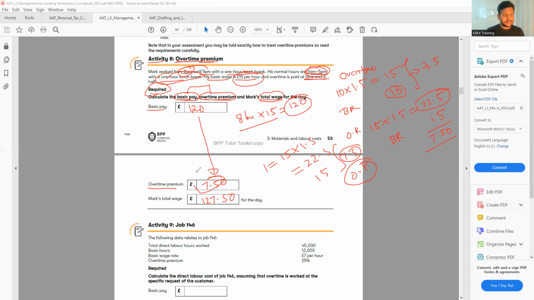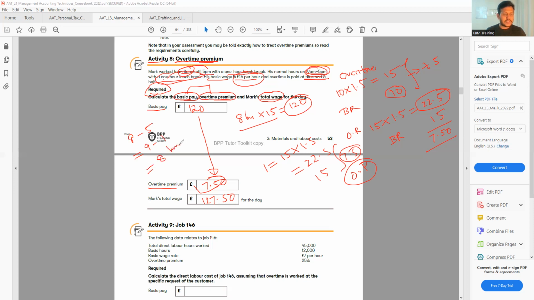Got it, Maria? Not yet. So you can see here, the question said he worked 8 to 5. How many hours is 8 to 5? It is 9 hours. And from 9 hours, if you minus the 1 hour lunch break, it's 8 hours.